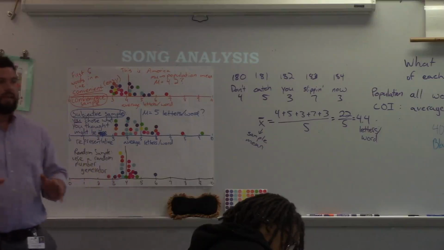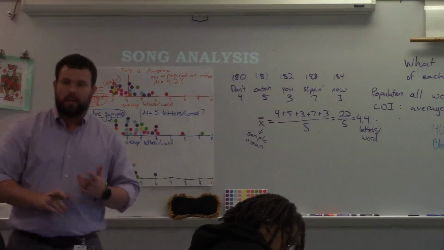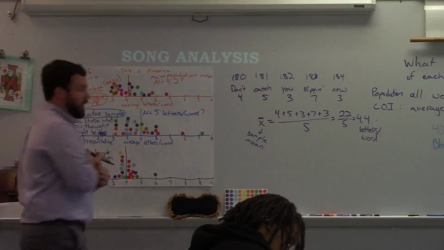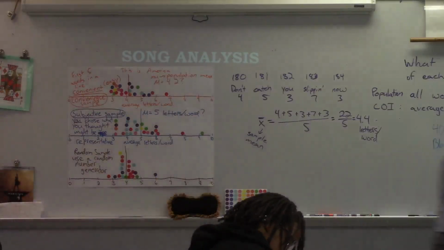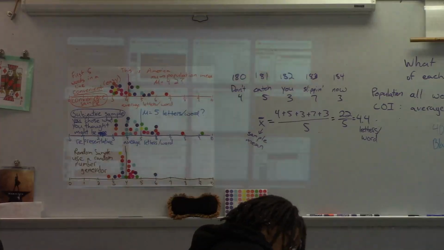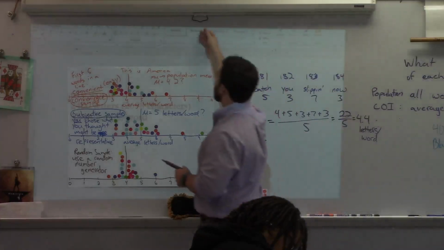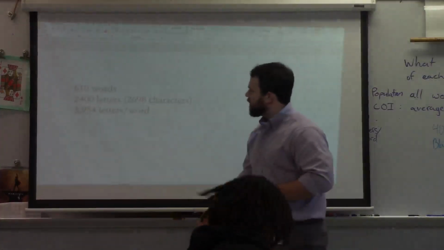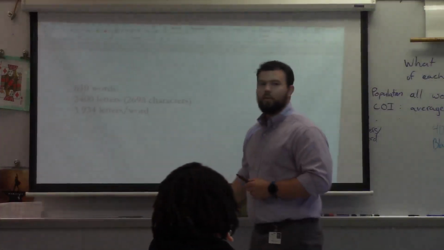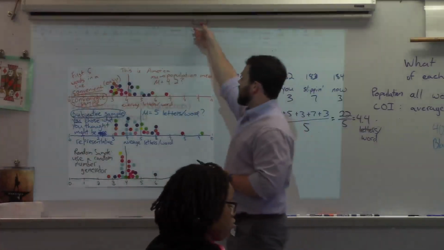They've all given us different answers, haven't they? Are you ready to find out what the actual average word length is? What is it? 3.9. The actual average word length is 3.934 letters per word.